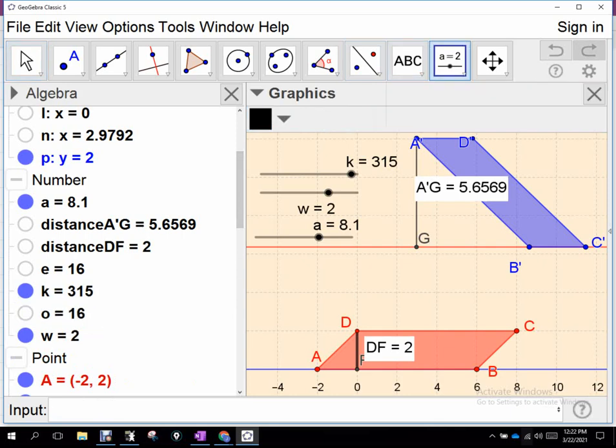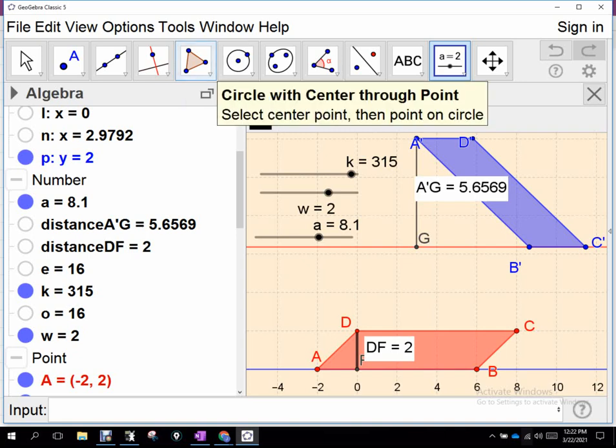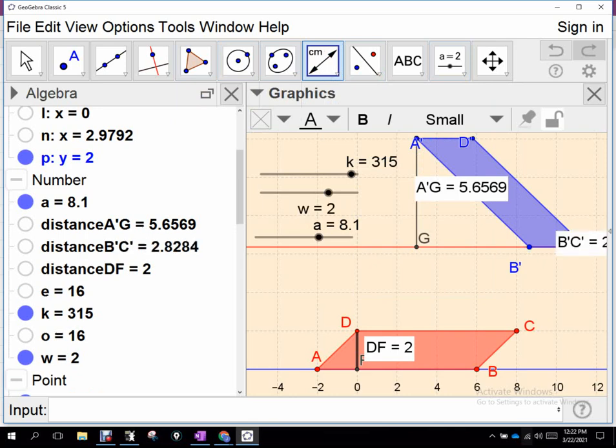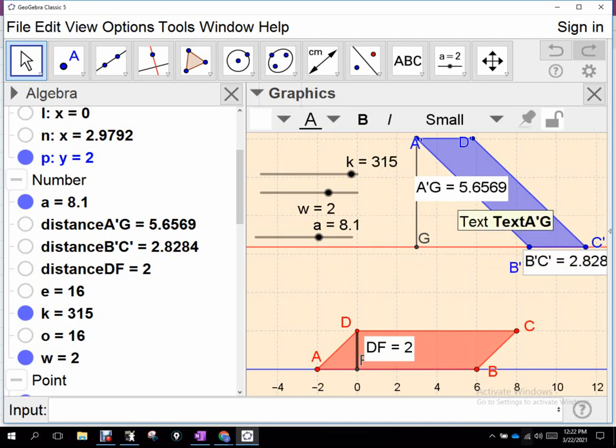But when I multiply them together, does it still give me 16? Does that make sense to everybody? So if I look at that distance right there, 2.828 times 5.6569 gives me the same thing that 2 times 8 would give me. Does that make sense? Okay.